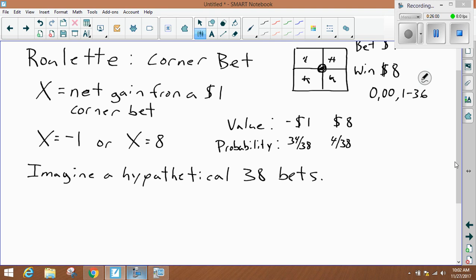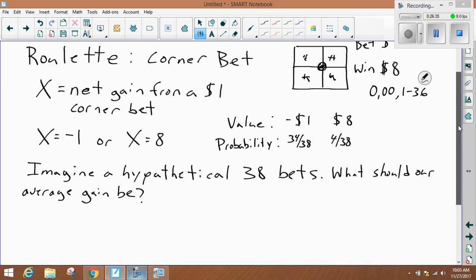What do you think our expected gain or loss should be over the course of 38 bets? So what should our average gain be? Well, let's look at it. We can actually calculate this thing, right?